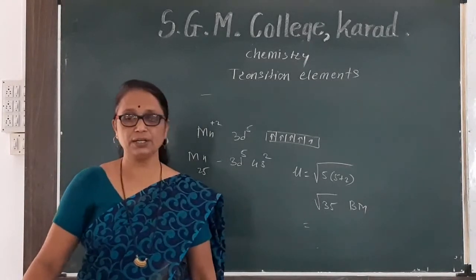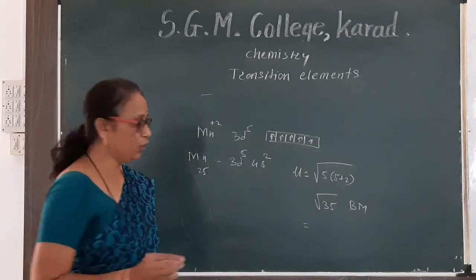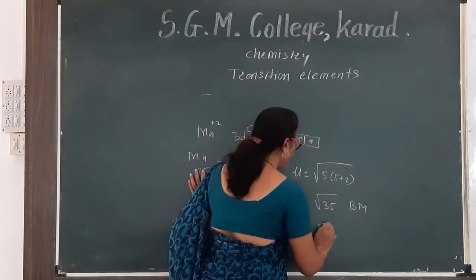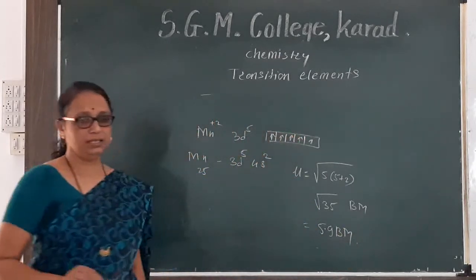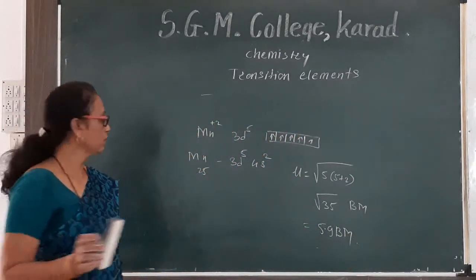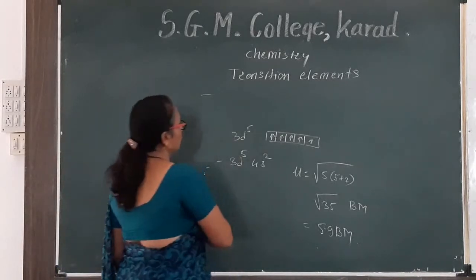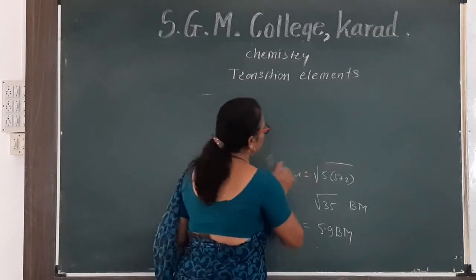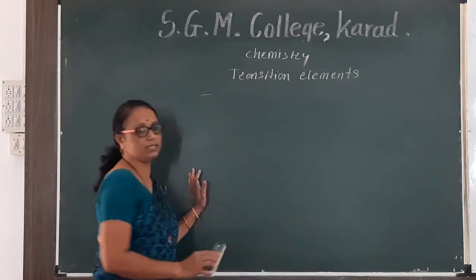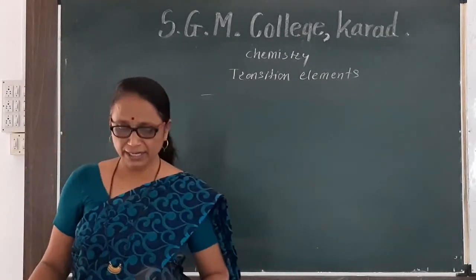This is the trick. And its answer is 5.9 Bohr magneton. This is the magnetic moment, characteristic of the transition element.